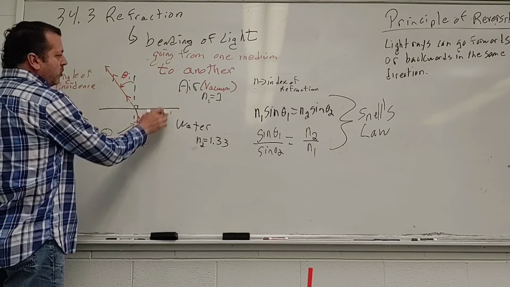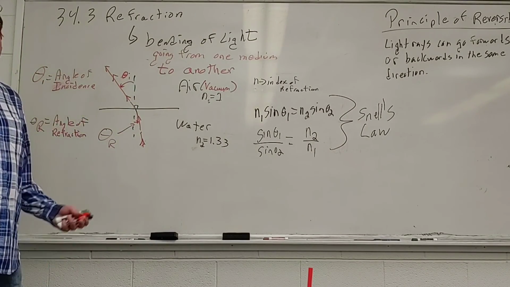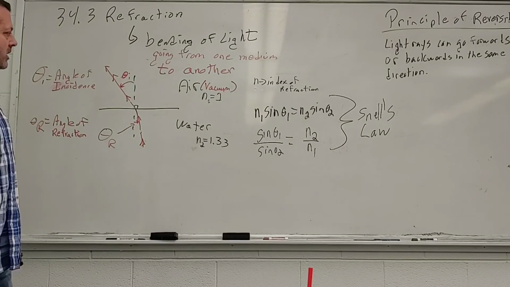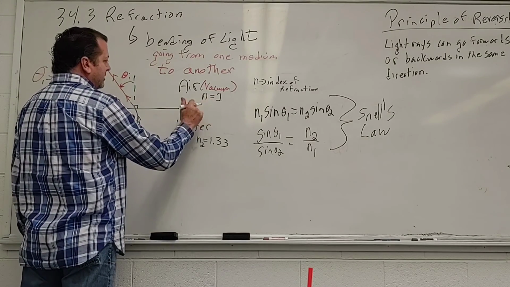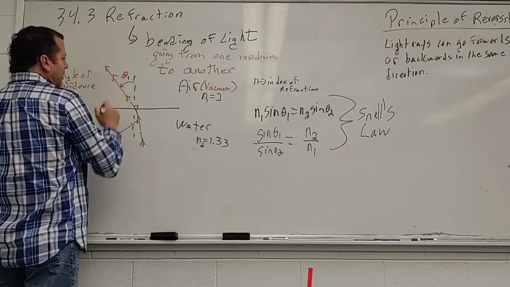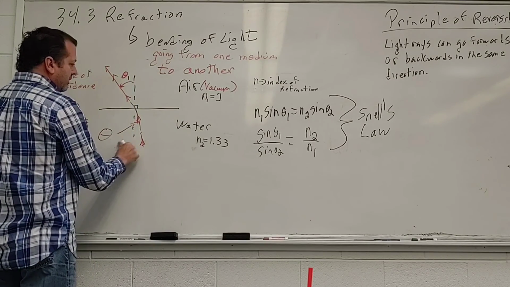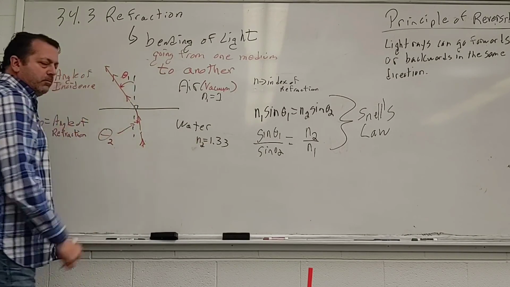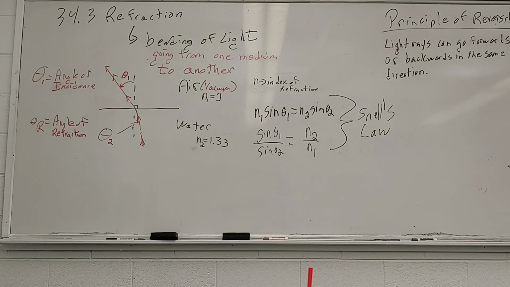Does it matter which one is 1 or 2? No. What matters is if I'm consistent. If this is n1, this needs to be 1. If this is n2, that would be 2. Okay?